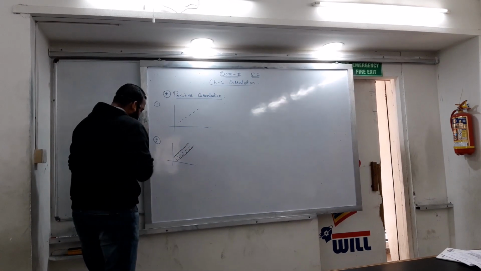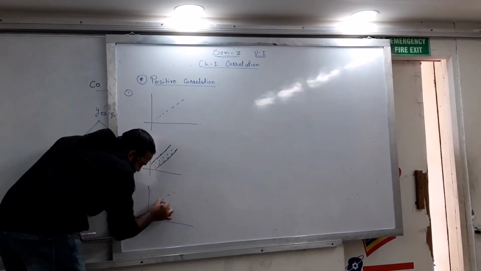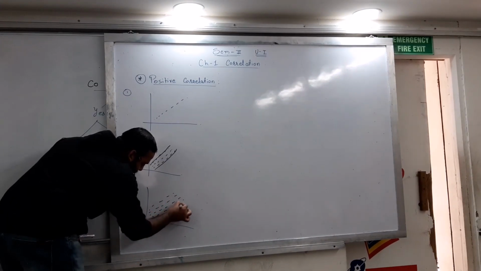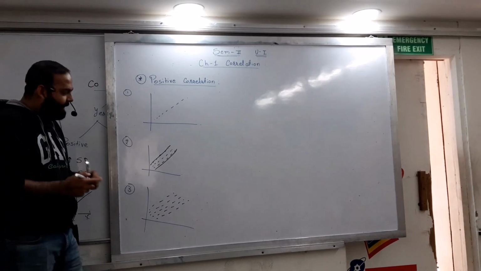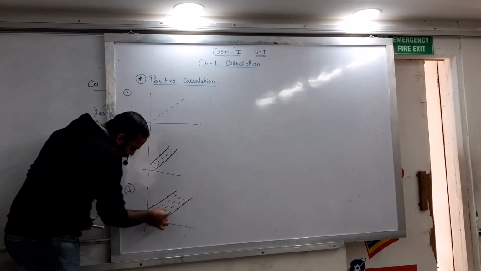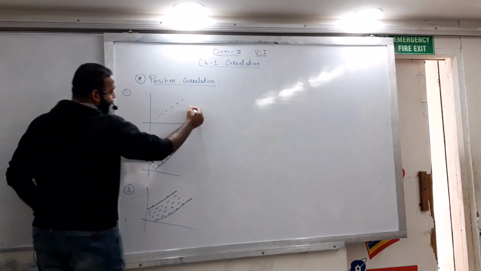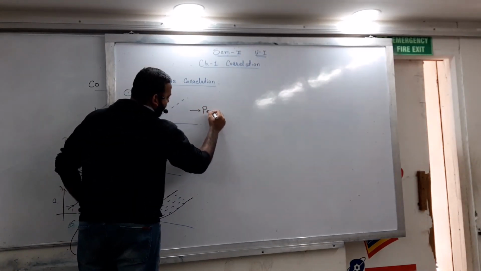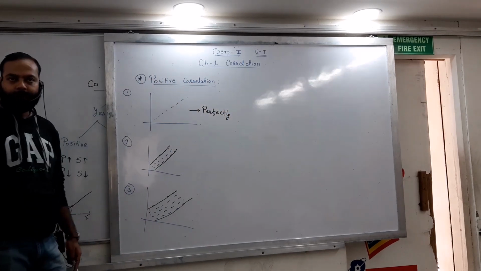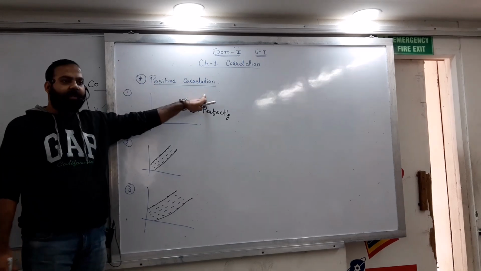Third is, it is still positive correlation. But the band area has become even bigger. It has increased. So in this case it is called perfect positively correlated, because there is only one straight line.